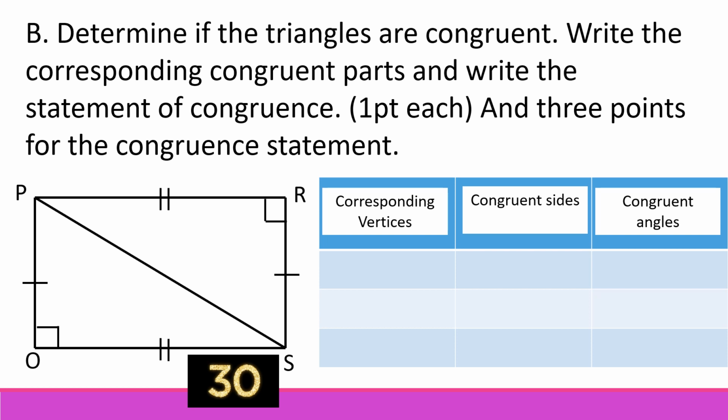Write the corresponding congruent parts and write the statement of congruence. So, 1 point for that and 3 points for the congruent statements. And you're also given 30 seconds to answer.